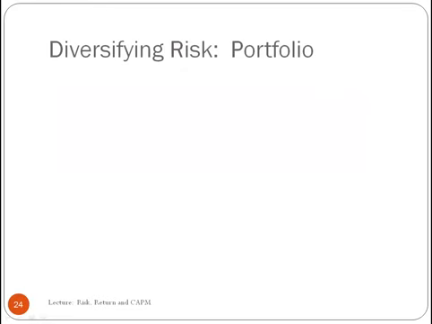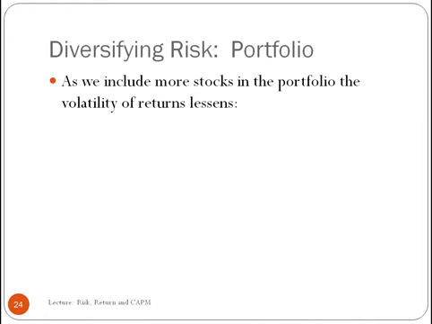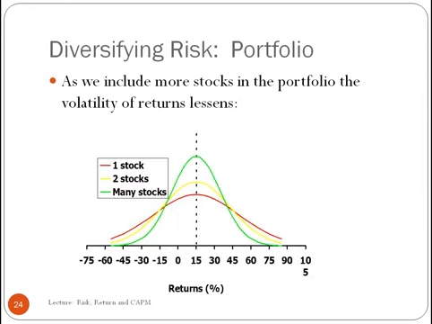I just want to show one more graph that helps communicate the benefit of portfolio diversification and reducing risk. As we include more stocks in the portfolio, the volatility of the returns lessens. We are reducing risk. This is similar to the earlier graph that we had seen, except in that earlier one we had two different stocks.